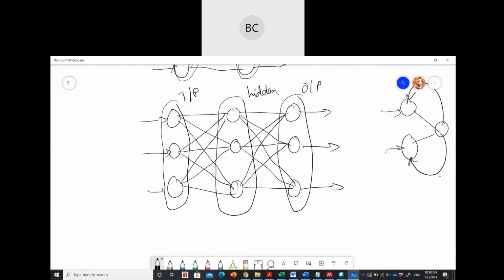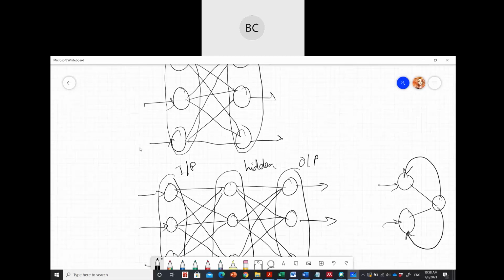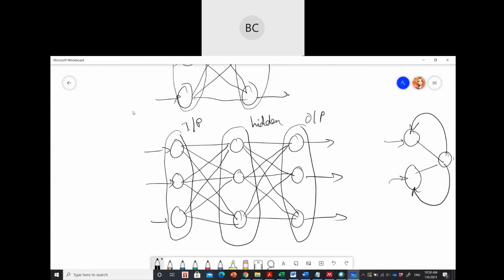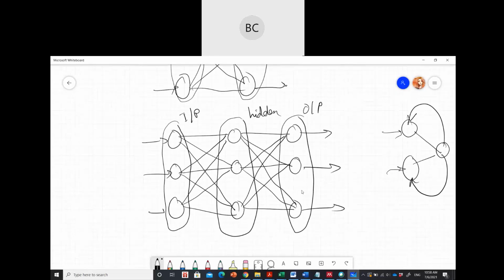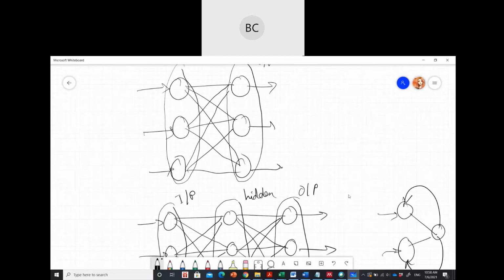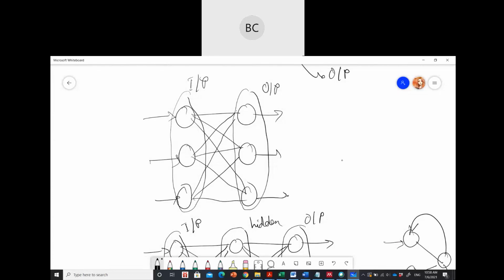Ma'am, in which case do we have the intermediate layer, or not? Intermediate layer means hidden layer. That means the MLP, the normal artificial neural network or multi-layer neural network, has the hidden layer. The hidden layer does not exist in the single layer feed-forward network.